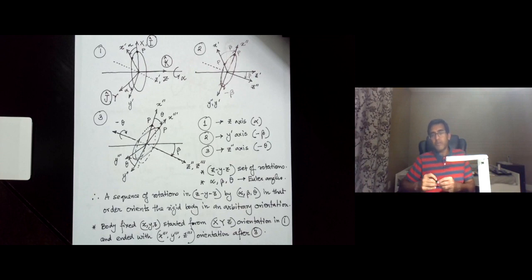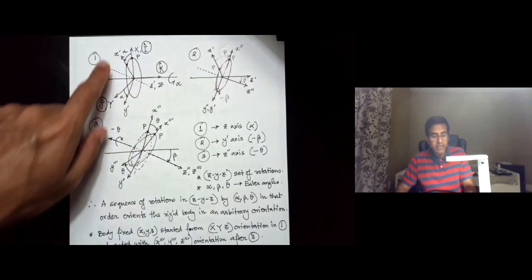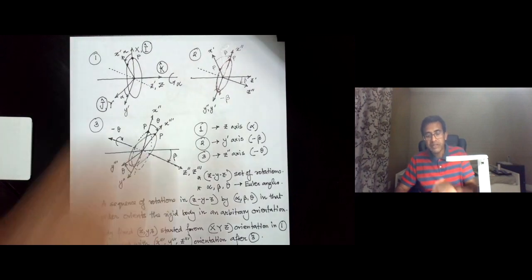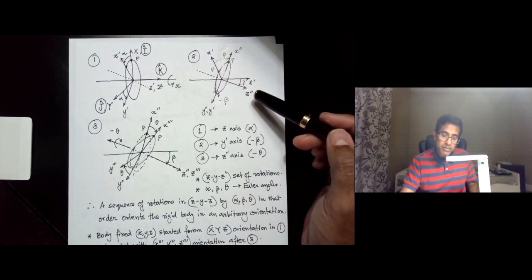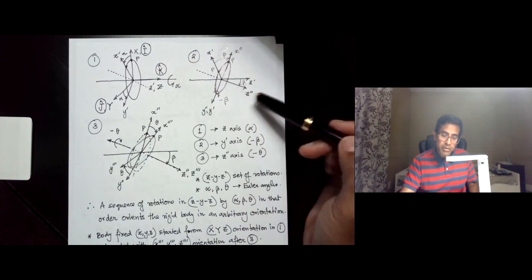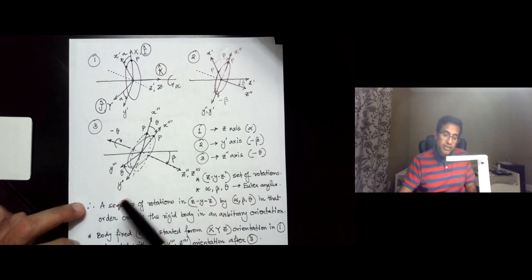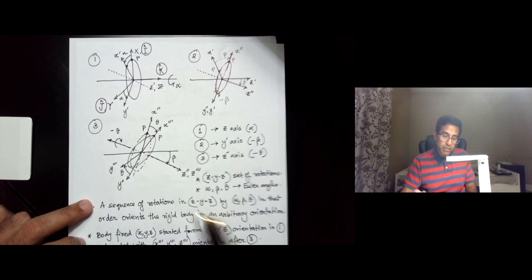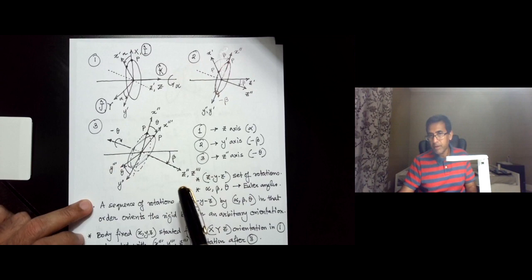So it shows how the body fixed XYZ axis changed its orientation. First it went from capital XYZ to X prime, Y prime, Z prime. That was the first rotation. After the second rotation, it went from X prime, Y prime, Z prime to X double prime, Y double prime, Z double prime. And after the third rotation, it went from X double prime, Y double prime, Z double prime to X triple prime, Y triple prime, Z triple prime.